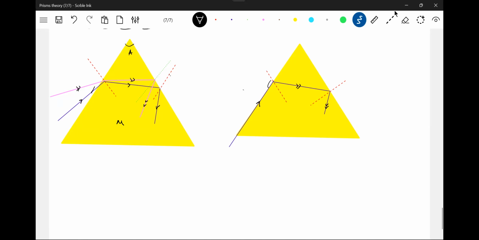If this is 90 degrees, then this should be the critical angle, A minus A, this is mu.